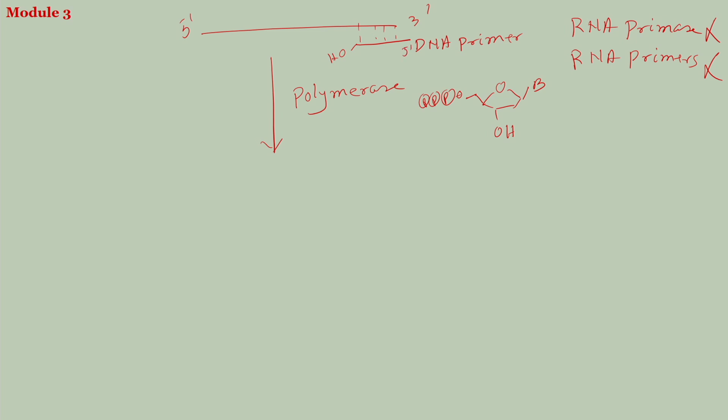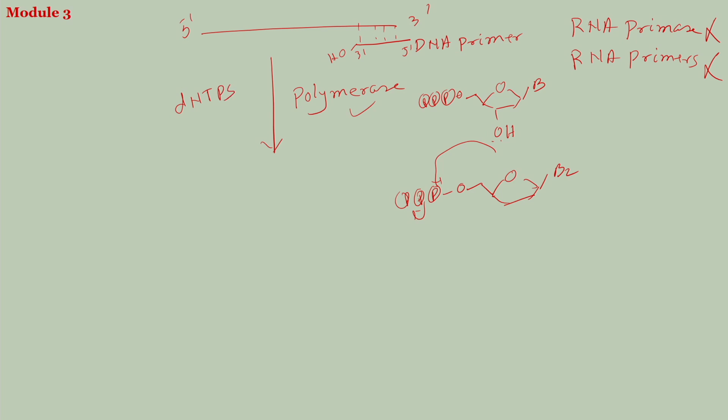So, this is 5 prime, this is 3 prime, and it will react with the next one, this is OPPP. This reaction can be done only by this enzyme, polymerase. There is no other way.